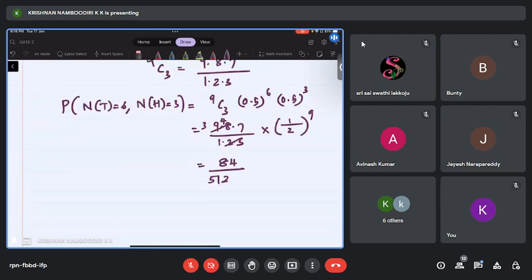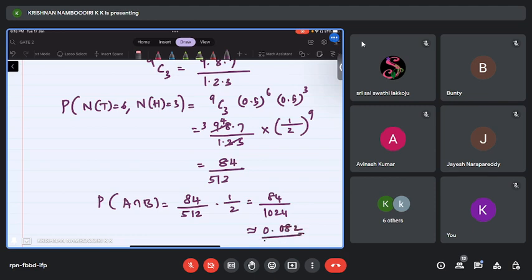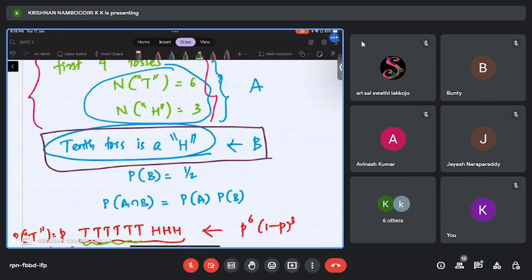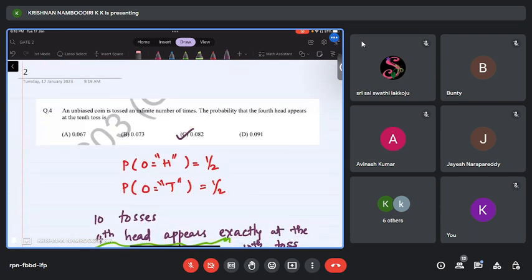So the required probability, of the intersecting event A intersection B, is nothing but 84 divided by 512 into 1 by 2, which is equal to 84 divided by 1024, which is approximately 0.082. So the answer to the question is option C.